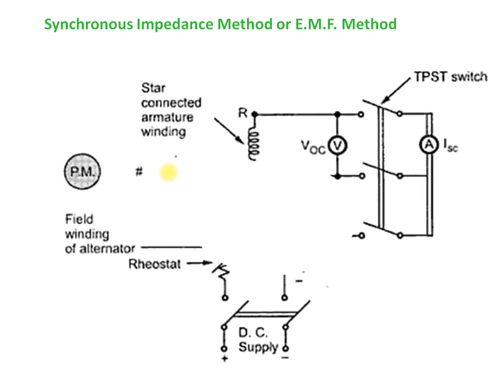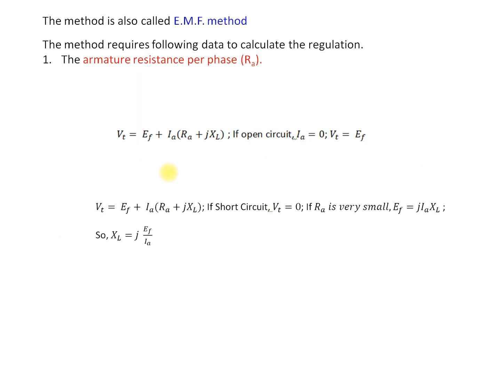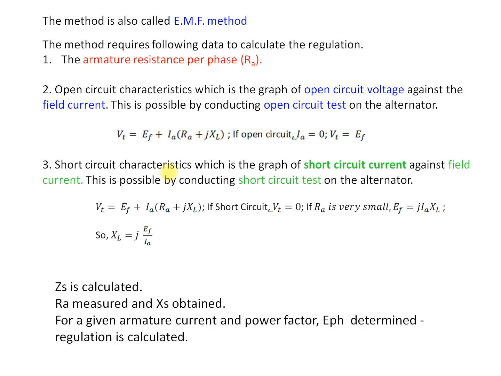The next one that we are going to see is the EMF method, that is the synchronous impedance method. To find the voltage regulation due to the loading of the machine, we first need to do two experiments: the open circuit characteristics test and the short circuit characteristics test.